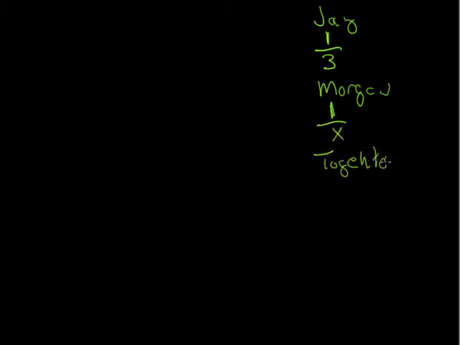Together, they do 1 job in 1 hour. These combine for 1/3 plus 1 over x equals 1 over 1. I actually prefer this way of writing it, but I use the units to show why we created these fractions.